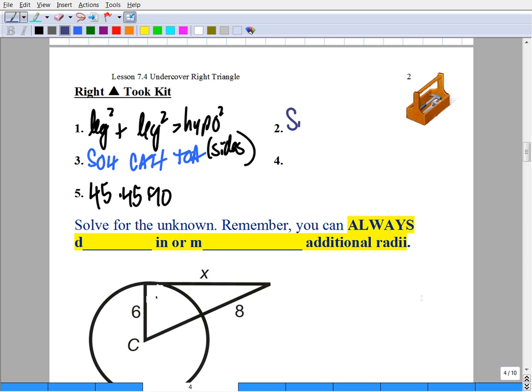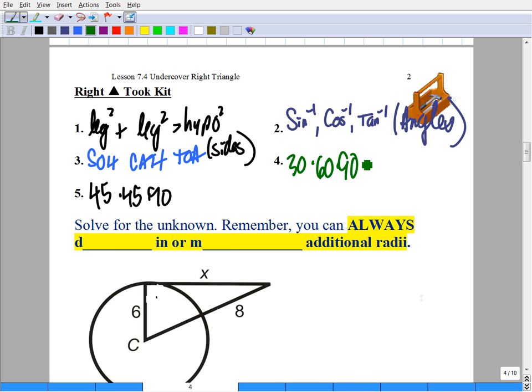Inverse SOHCAHTOA, which would be inverse sine, inverse cosine, inverse tangent. We use that to find angles. Inverse SOHCAHTOA is to find angles. SOHCAHTOA is to find sides. Jade, give us the last one now. 30, 60, 90. Short leg, short leg times 3, short leg times 2. Okay, ready? Put a star by the ones you did not remember.